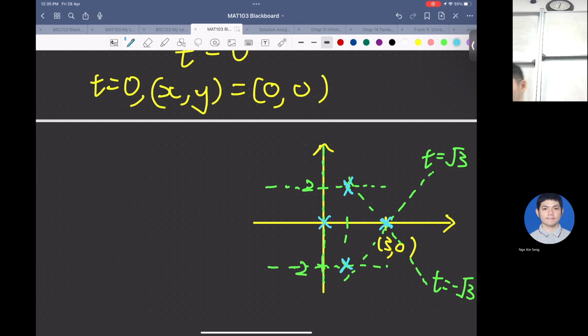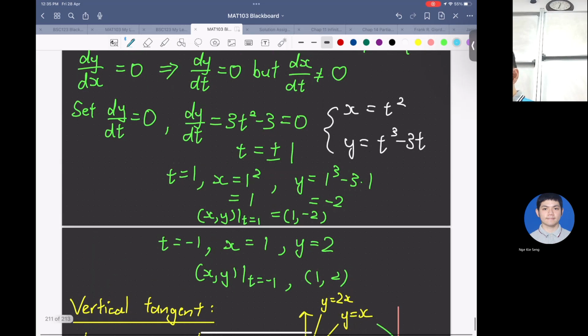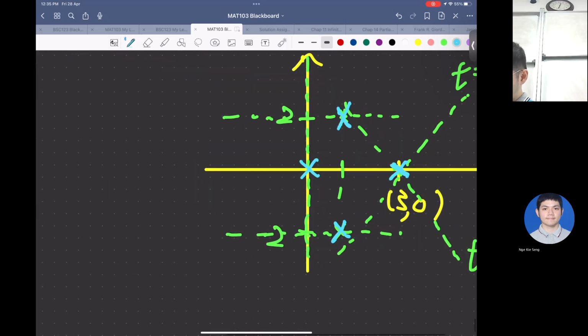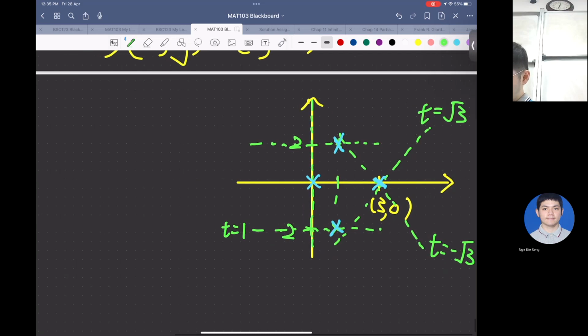To piece this together, we really need the time factor in. When t equals 1, it is (1, -2). So here is t equals 1, and here is t equals minus 1.